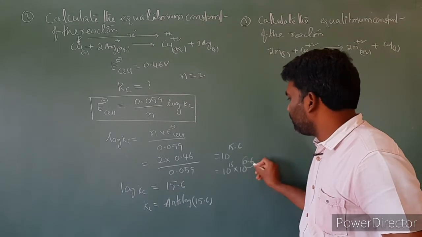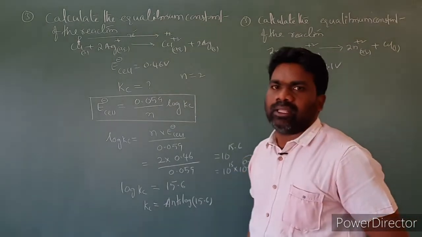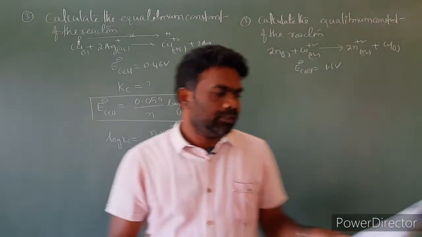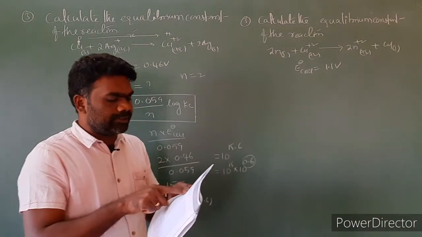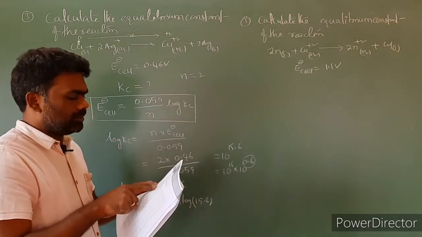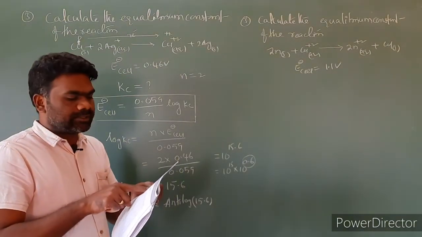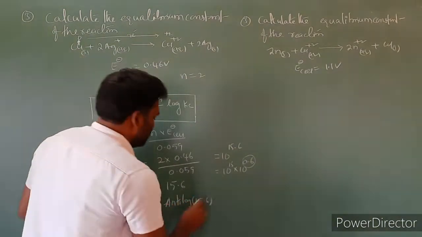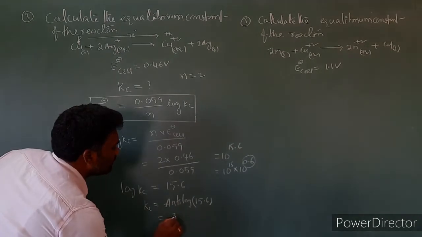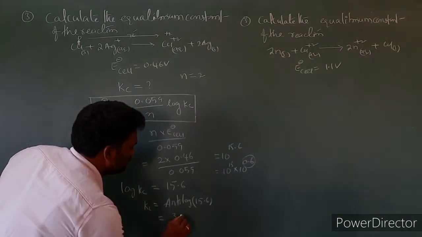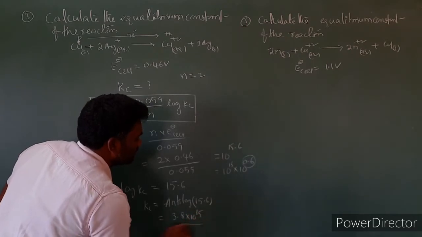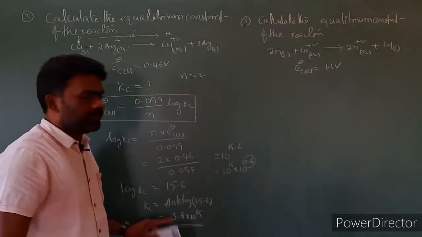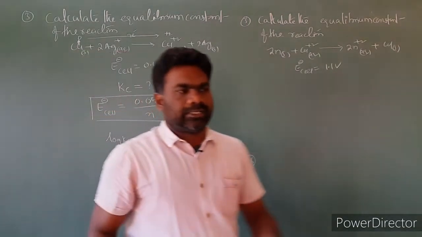For this 0.6 we have to find the antilog value. The antilog of 0.6 is 3981. So I'm writing the answer as 3.98 into 10 power 15. This is the Kc value for this equation. Next problem.